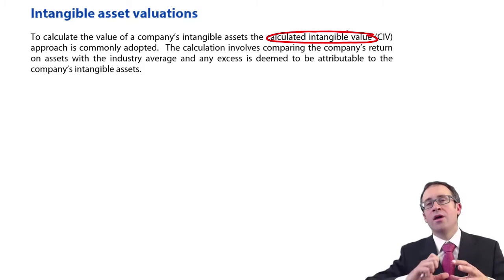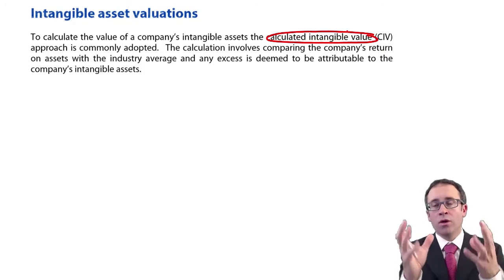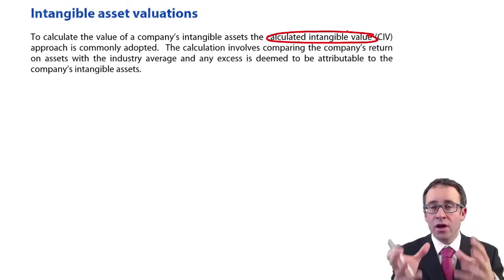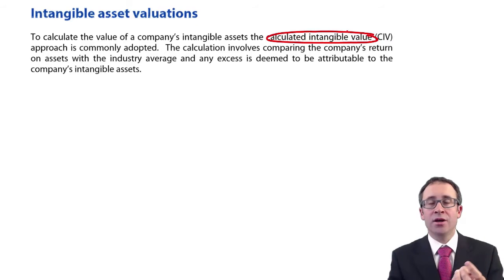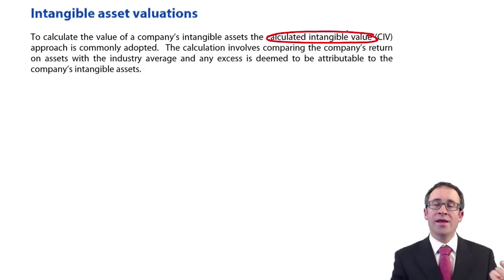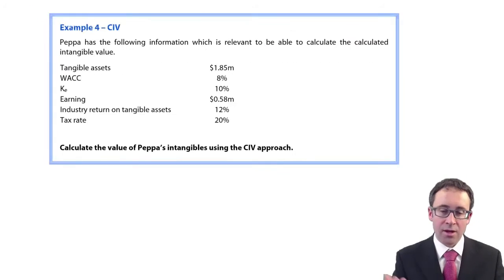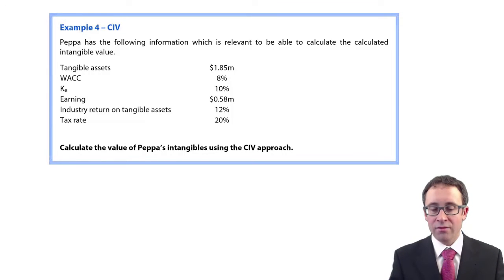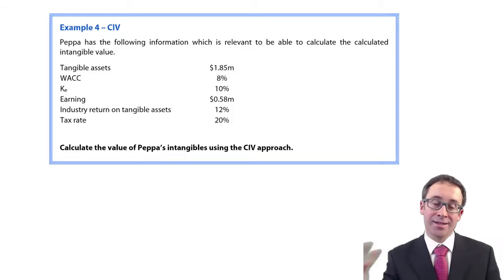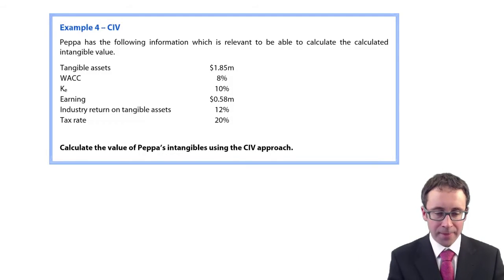Okay, so it's all about thinking about what the industry returns and what we return. Once we know that, can we work out an excess return based upon the level of earnings? Those excess earnings are attributable to the intangibles, and therefore we then discount those extra additional earnings to present value to be able to go through there and work out the value of the intangibles. Okay, you can then add that on to the value of the net assets to work out the value of the business. Okay, there we go.